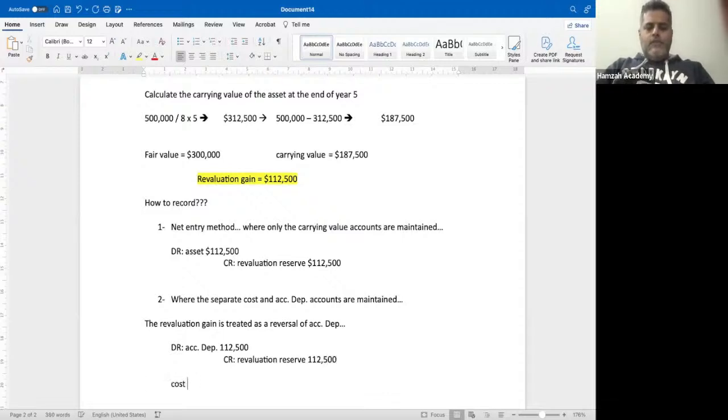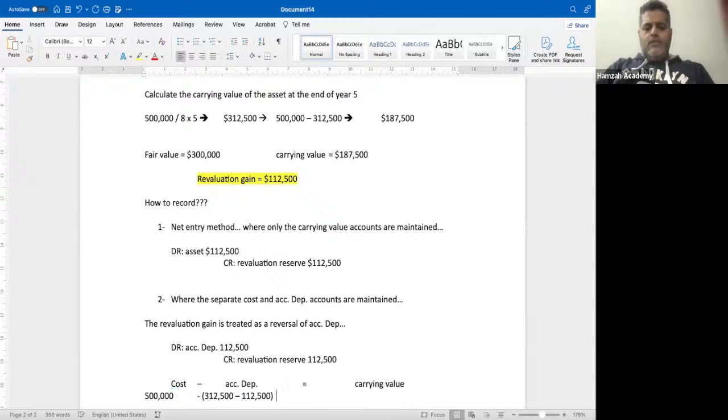For this, cost minus accumulated depreciation is equal to carrying value. So the cost was 500,000, the accumulated depreciation at first was 312,500. So we are reversing 112,500 from it, right?